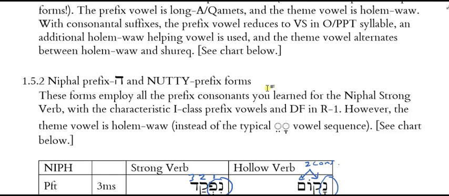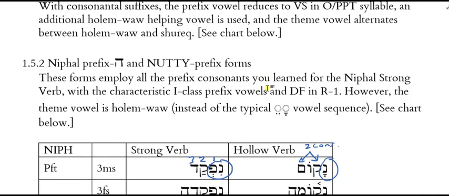Okay? What about these? These forms employ all the prefix consonants that you have learned for the nifal strong verb, and the characteristic I-class prefix vowels and the Dagesh forte in root 1. Think yippakad. Remember, yippakad has the I-class vowel under the nutty prefix and the doubling dot in root 1. However, the theme vowel is going to be Holam Vav instead of the typical A vowel sequence, as in yippakad.